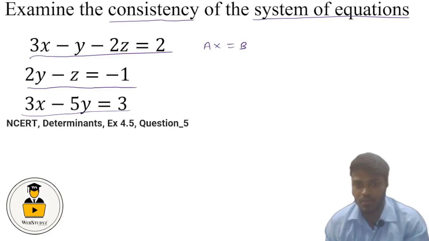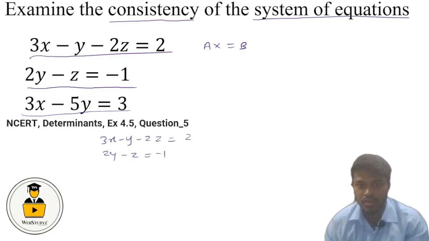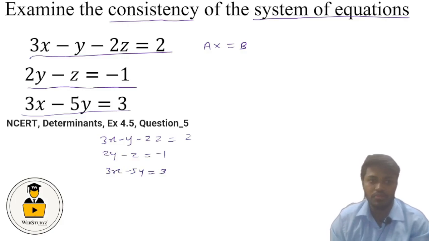So the given equations are 3x minus y minus 2z equals 2, then 2y minus z equals minus 1, and 3x minus 5y equals 3. If we convert this into matrix form, this will be 3, minus 1, minus 2.